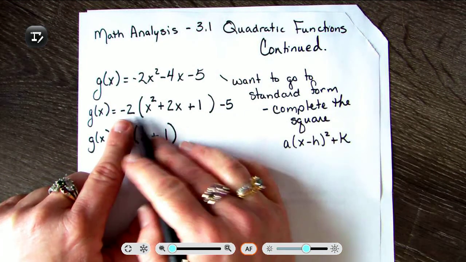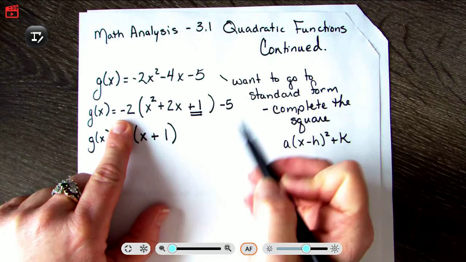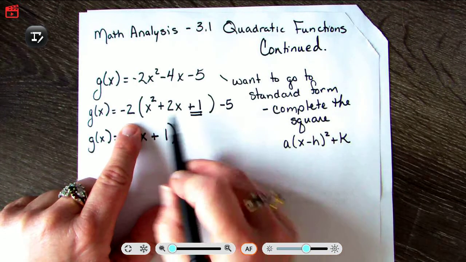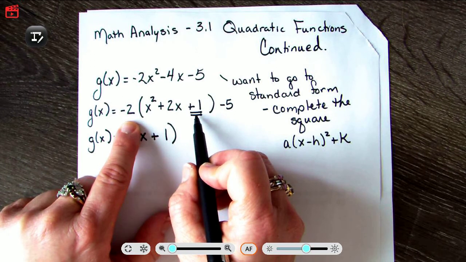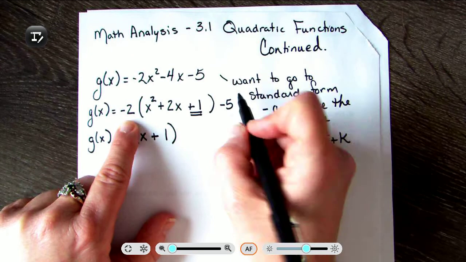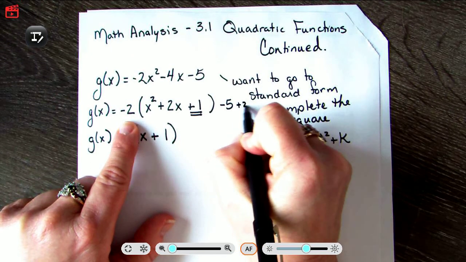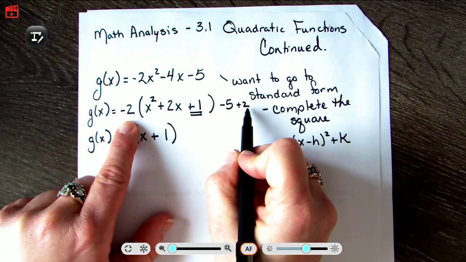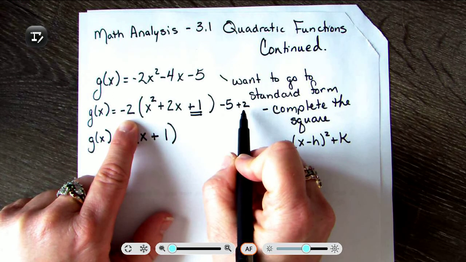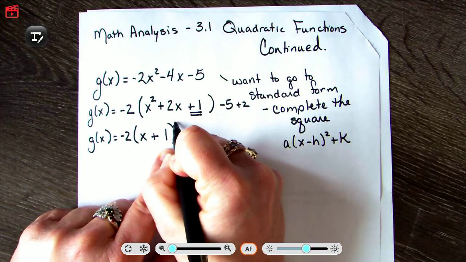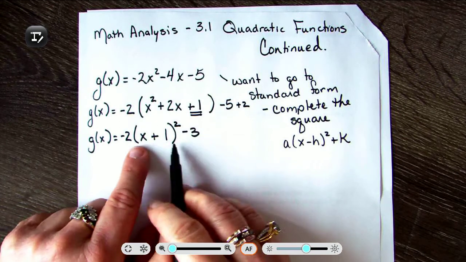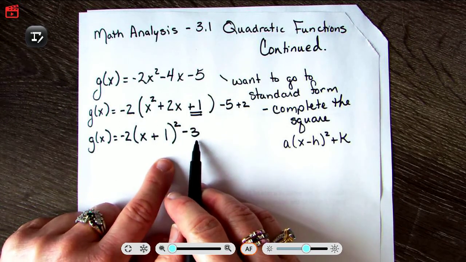So by putting this plus 1 here, we're actually looking at the distribution, subtracting 2 from this problem. So in order to undo the subtracting of 2, we have to add 2 to this problem as well. So we can undo that. And then we would have that 3. So I'm going to put my little square there, completing the square, and then plus the 3.